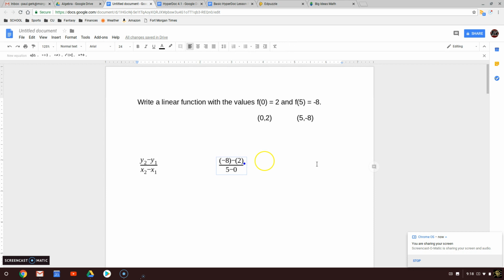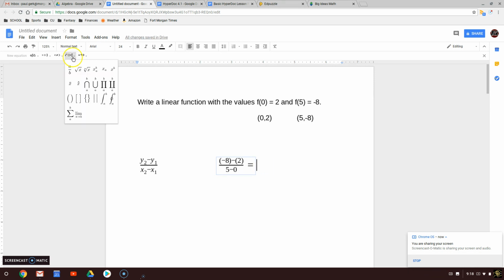This is going to equal -8 minus 2, which is -10, over 5 minus 0, which is 5.